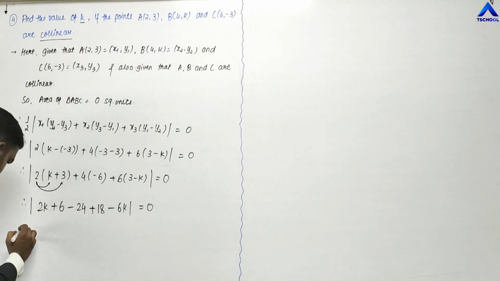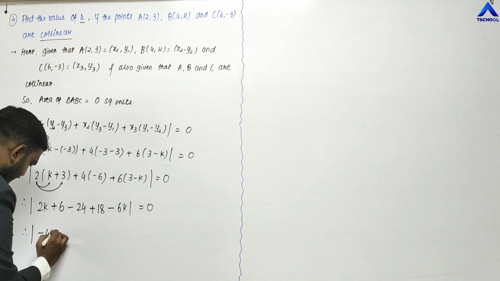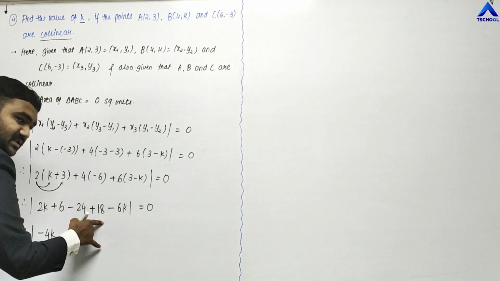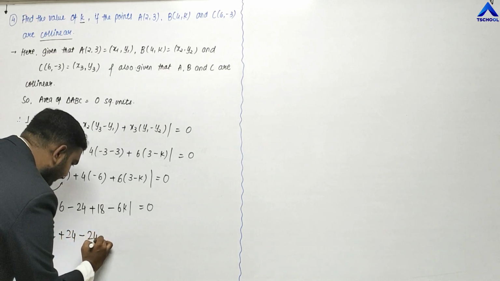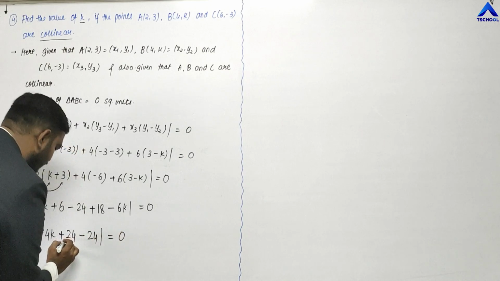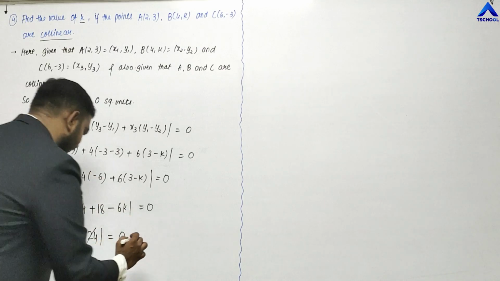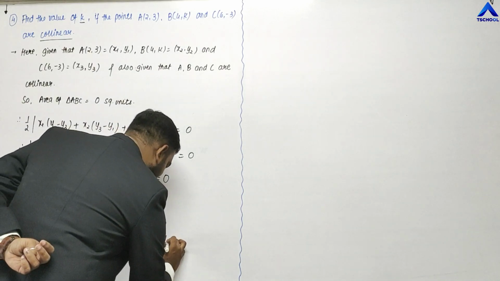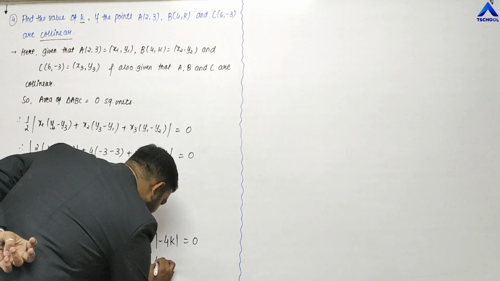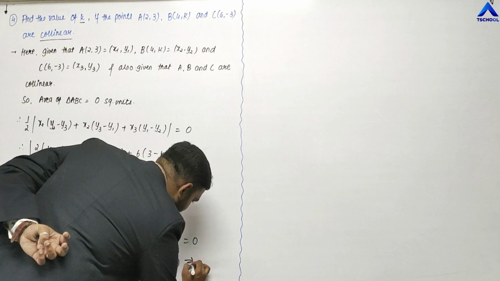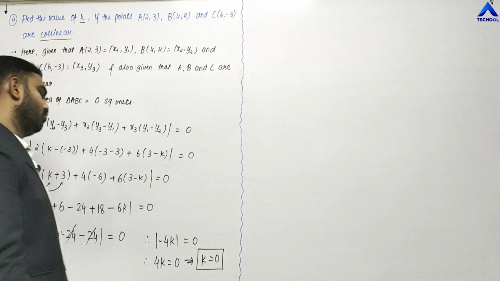Okay, therefore modulus 2K minus 6K that is minus 4K, 6 plus 18 that is plus 24, minus 24 is already given. So we can directly cancel out plus 24 and minus 24. Therefore modulus of minus 4K is equal to 0, and hence 4K is equal to 0.